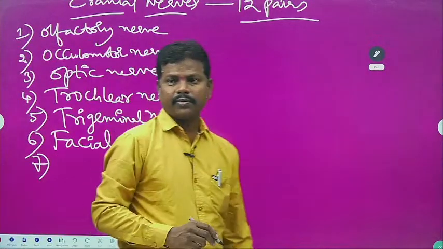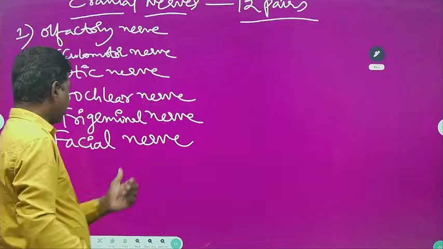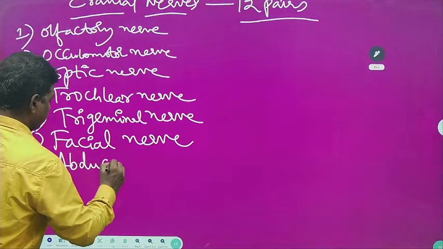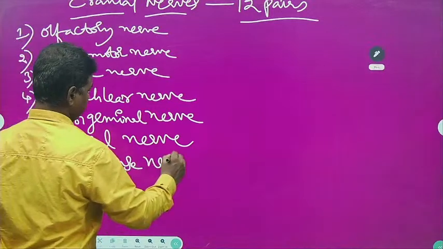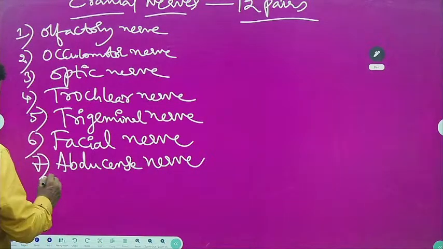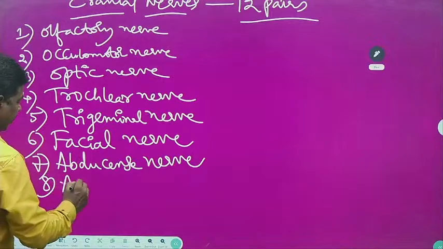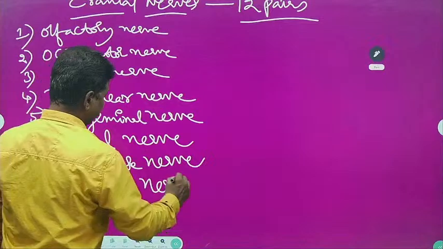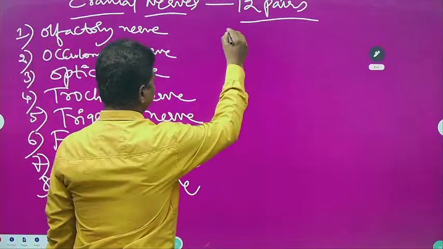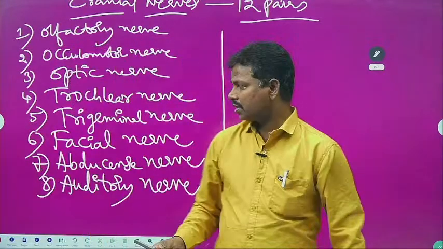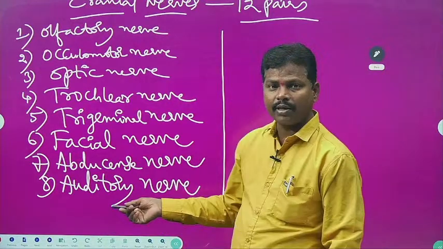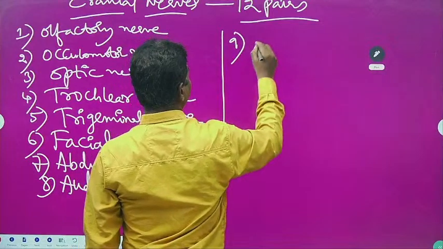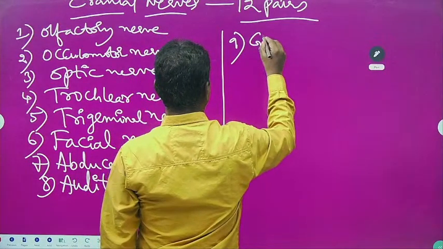Sixth one is facial nerve. Seventh one is abducens nerve. Eighth one is auditory nerve. Up to now we have seen 8, so remaining 4. Ninth one is glossopharyngeal nerve.